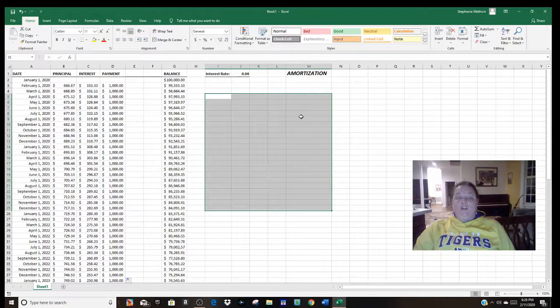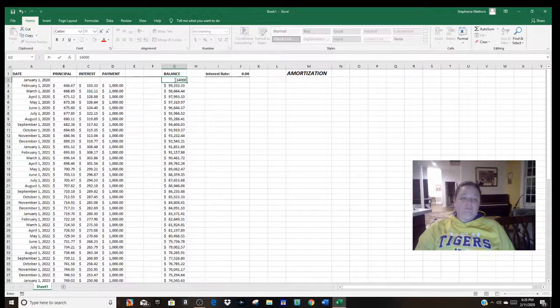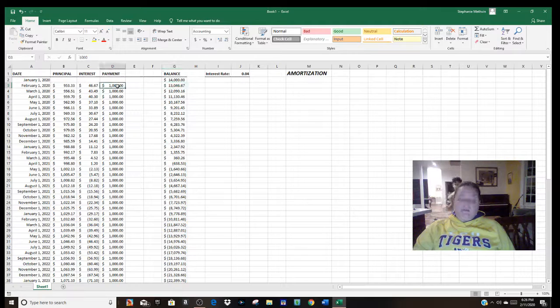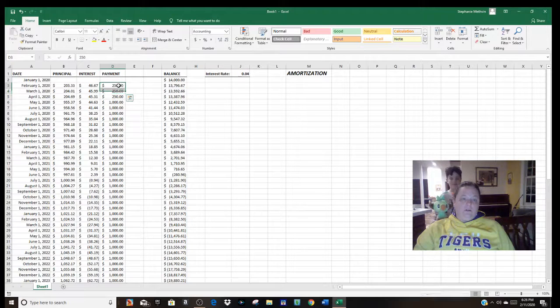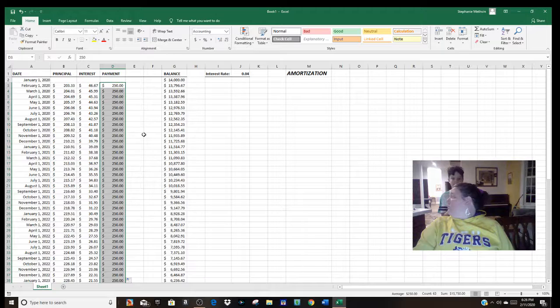You may have to call a dealership and ask a few questions. You may just want to guess on some stuff. I would say you can go with a $250 payment and be kind of safe for most cars that are under $20,000.